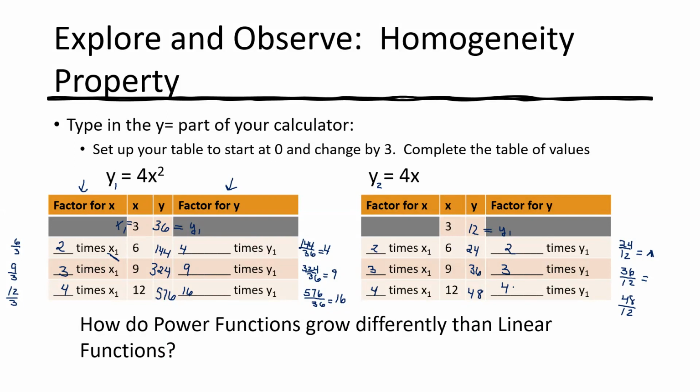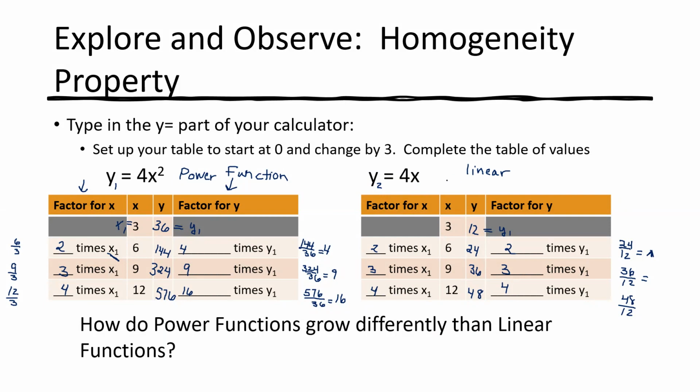So the question at the bottom is, how do power functions grow differently than linear functions? The two functions that we're looking at: the first one is a power function, and that is because it has this exponent or power of 2. And the second one is a linear function, and that would fit the y equals mx plus b model.